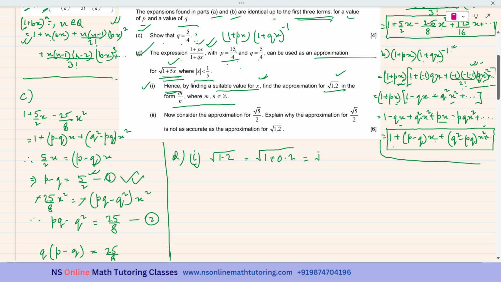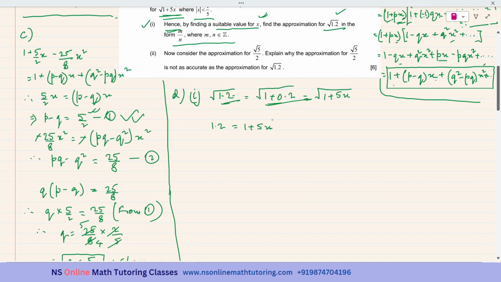So this is equal to the square root of 1 plus 5x. Even if you cannot do this, it will in fact be simplifying the thing. Or else, even if you cannot write 1.2 as 1 plus 0.2, it doesn't matter, you just equate these two. Let me show you. 1.2 is equal to 1 plus 5x. I'm assuming that you cannot write 1.2 in this way, because this is question number 11. You may be running out of time, so you may not be able to think this.